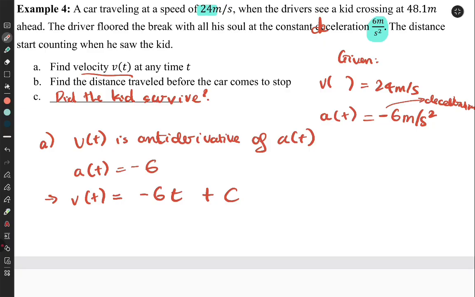See the kid, start the brake. This is the moment he starts the brake. From here to here, he was traveling at the speed of 24 meters per second.